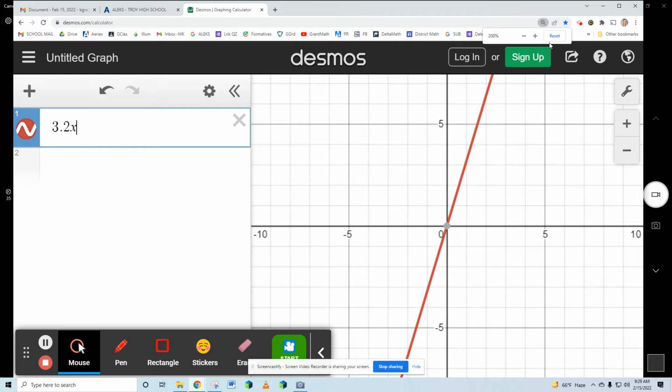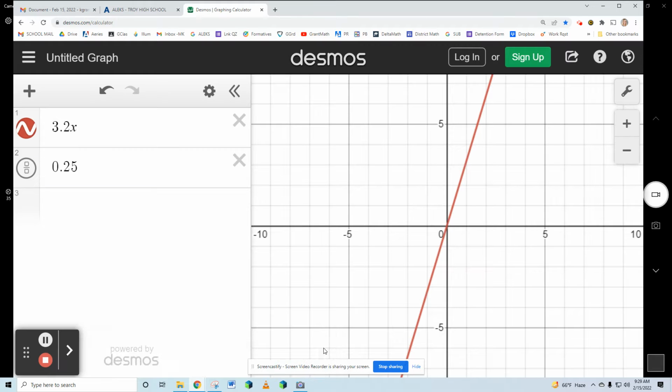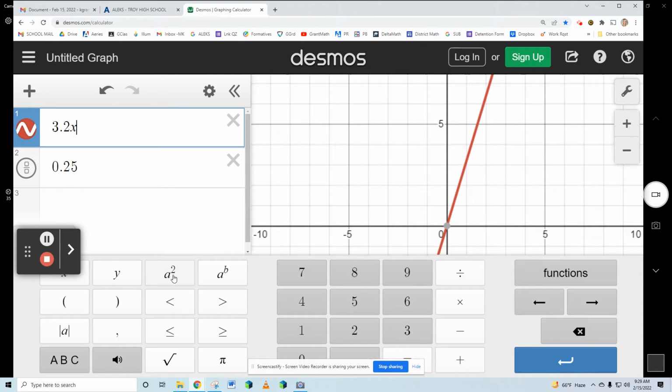How about that? Is that better? Then I just click on number 2 and I can write a second equation. That's going to be city B. 0.25, and I go down to, I need this hidden. There we go. You guys, check this out. X squared. I click on where it says a squared.